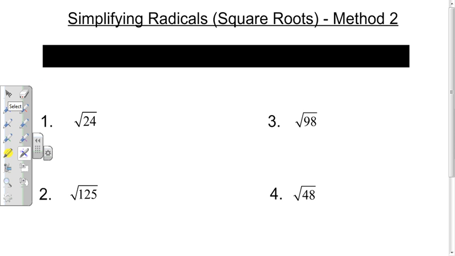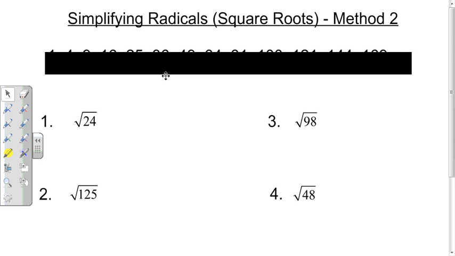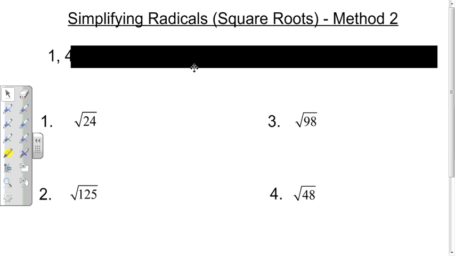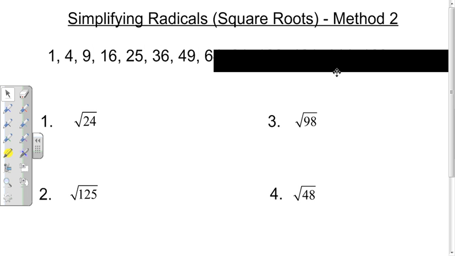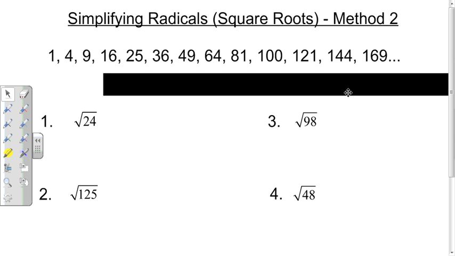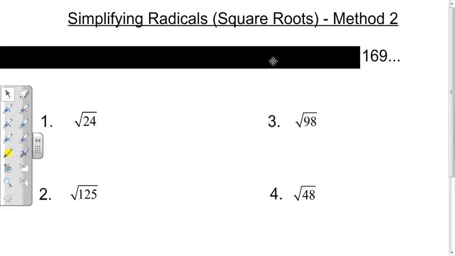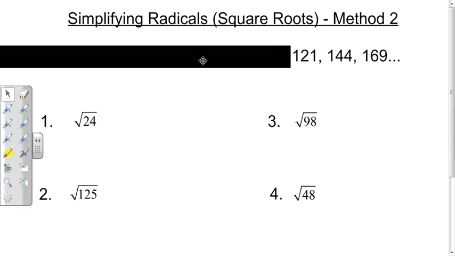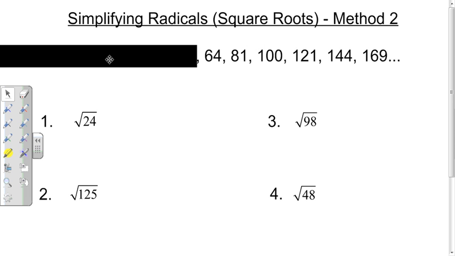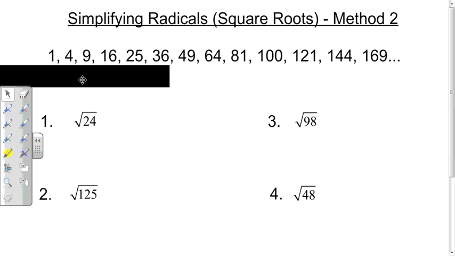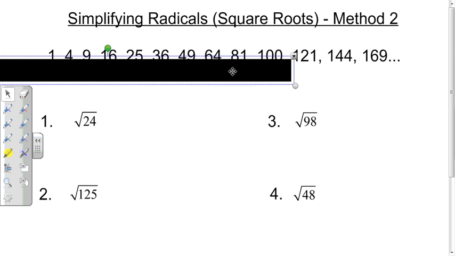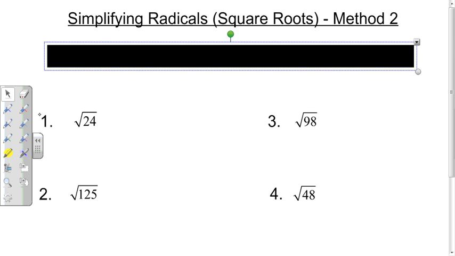It's dependent on a couple of things. One is you have to know the perfect squares. You have to know them forward: 1, 4, 9, 16, 25, 36, etc. And you really need to know them backwards: 169 is 13 squared, 144, 121, 100, 81, 64, etc. You need to know them backwards because we're going to ask an essential question: what is the biggest perfect square that goes into the given number that I'm taking the square root of?